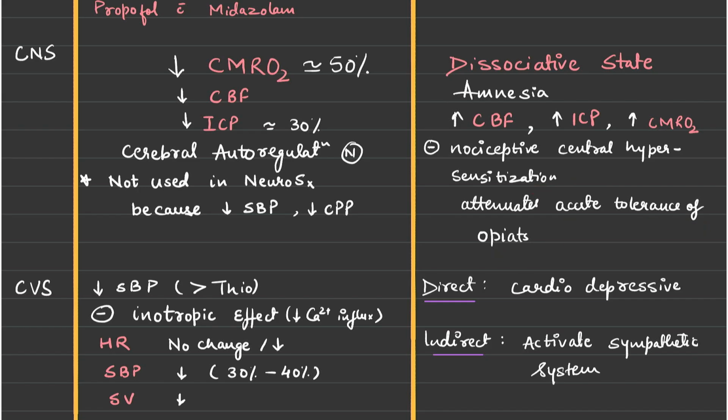So it changes the tolerance of opiates. It increases cerebral blood flow and ICP. That is why it is not used in neurosurgery patients, and we have not seen ketamine in neuro OTs mostly.